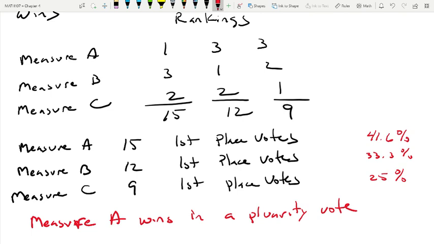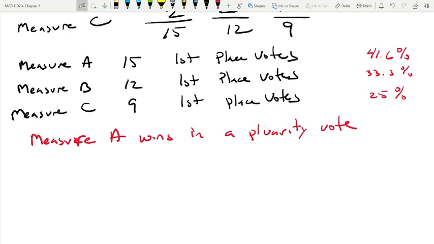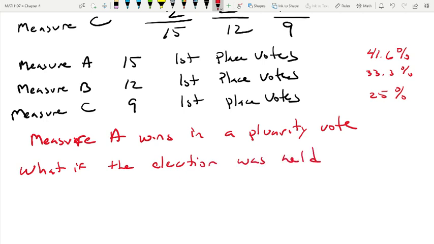Well, what would happen if we changed our voting system here? What if the election was held based on preferences or rankings?